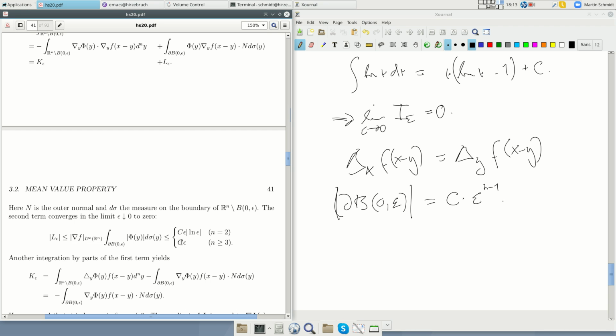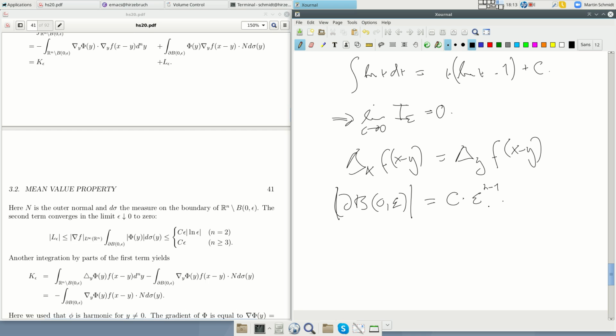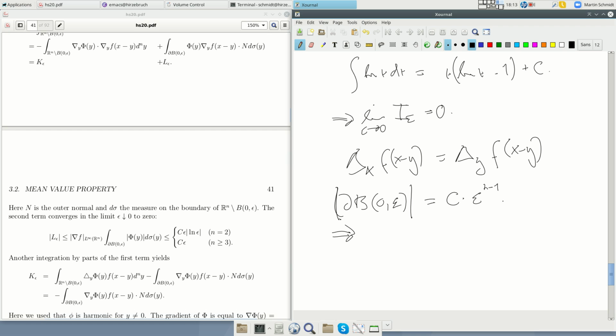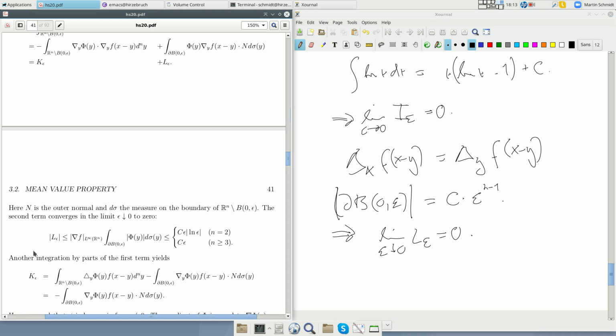And for n larger or equal to 3, we again have a higher power, so this again implies that the limit as epsilon goes to 0 of L epsilon is 0. So this does not contribute.